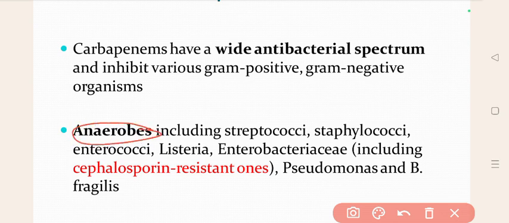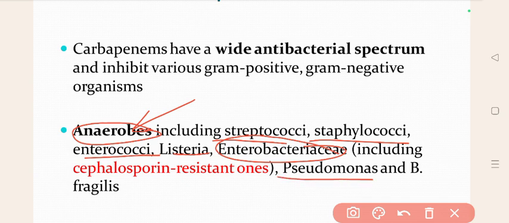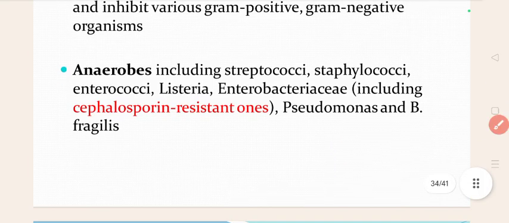Particularly they are effective against anaerobes, very important, including streptococci, staphylococci, enterococci, listeria, and enterobacteriaceae, including the cephalosporin resistant ones. It is a better and wider spectrum than the cephalosporins. They are also effective against Pseudomonas and Bacteroides fragilis. These are the advantages of the carbapenems.